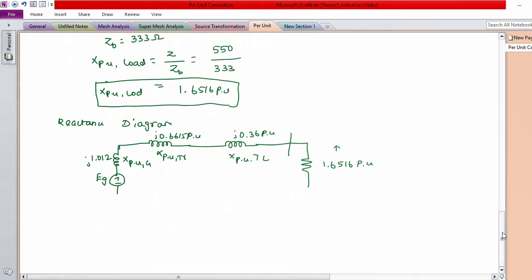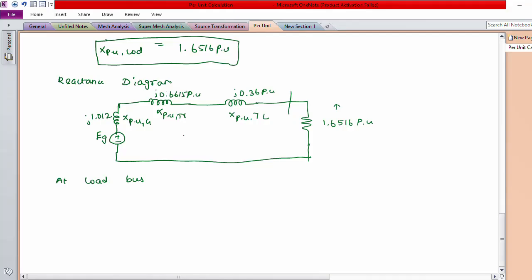Now still the problem is not completed. They ask us to determine the generator terminal voltage. So at the load bus we have to calculate the voltage drop. At the load bus we know that the per unit value of the voltage is V per unit equal to 1 per unit, and R per unit, which we have calculated, is 1.6516 per unit.